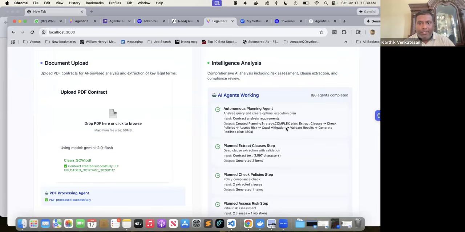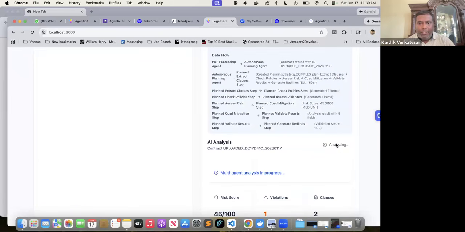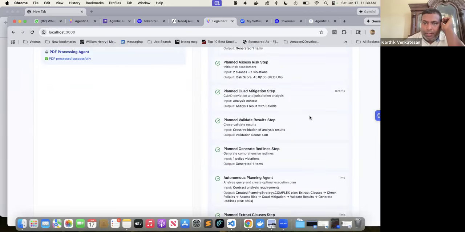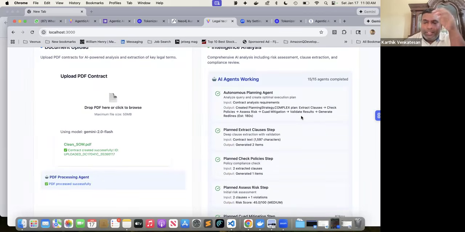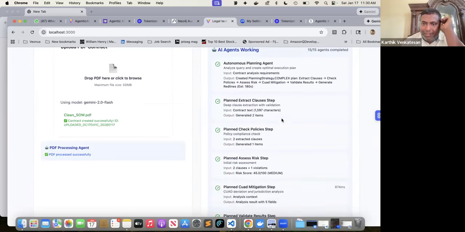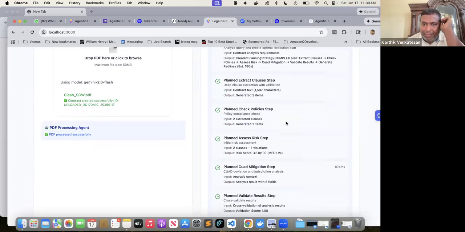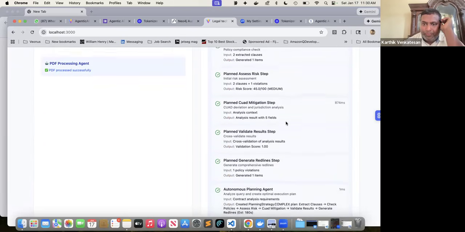It processed and then analyzed. Since for demo purpose, I'm explaining what are the things it is doing. Autonomous planning agent, and then it is extracting the clauses, all the steps it is doing.